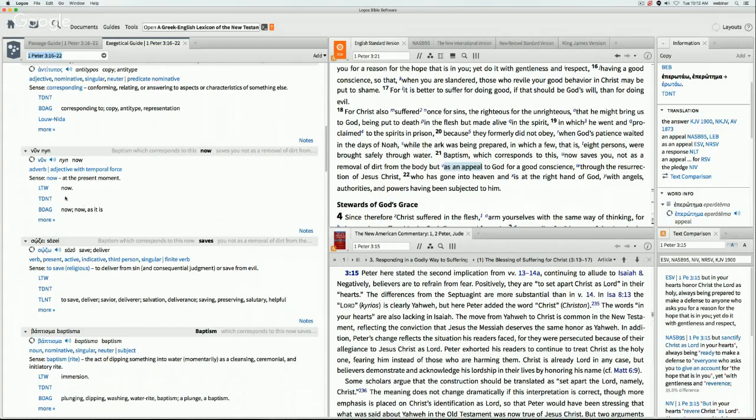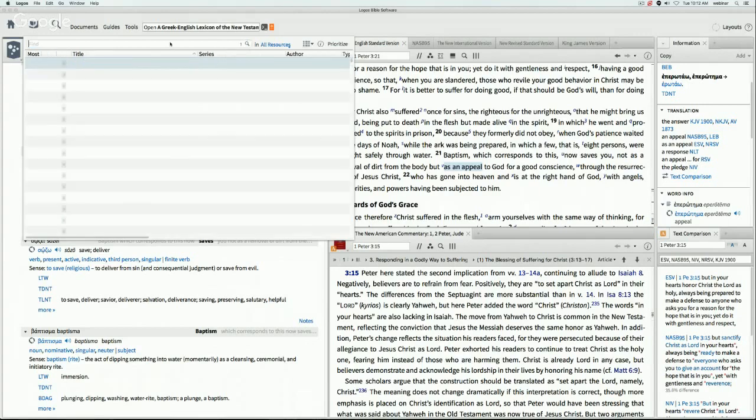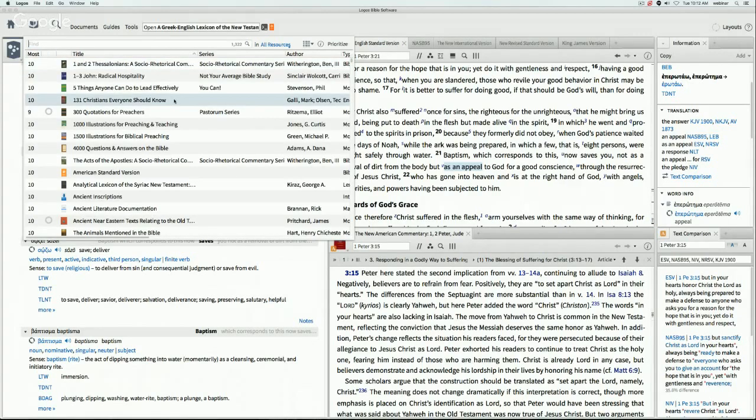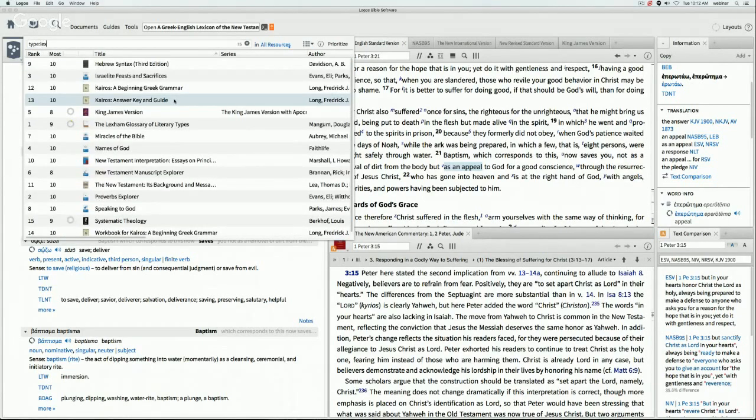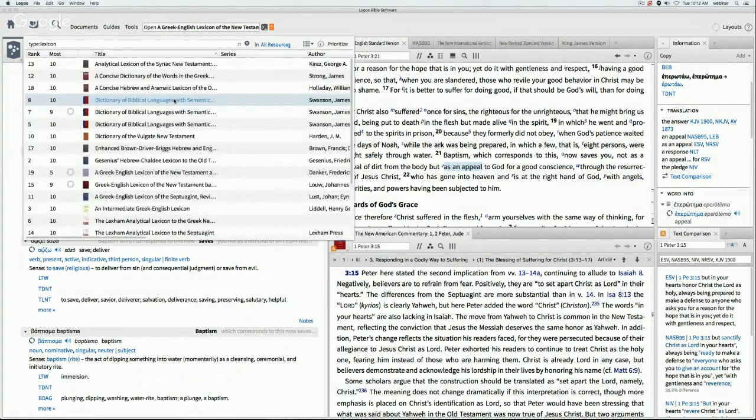By the way, if you don't have those at the top of the list on yours, let me show you how I did that. Go up here to the library and type in type lexicon. Lexicon is just a fancy word for dictionary, but the type of resource in Logos that's identified as a lexicon specifically refers to a dictionary of the original Greek, Hebrew, Aramaic, or even Latin.